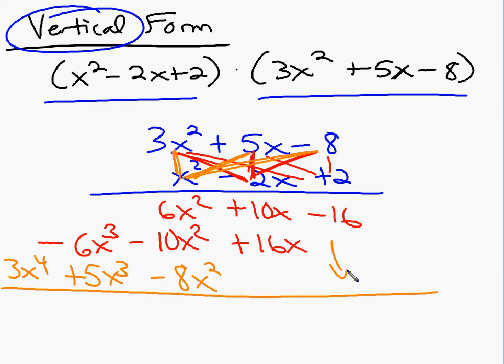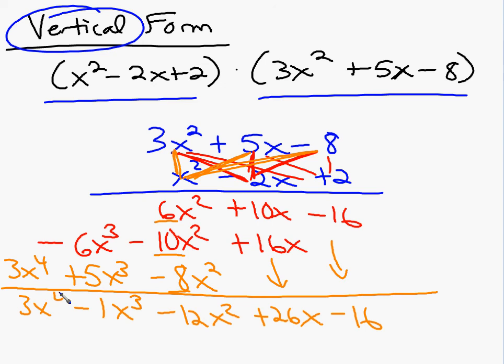This will just come down, negative 16. This will become positive 26x. Here I have 6 and negative 10, which makes negative 4. Negative 4 and negative 8 is negative 12x squared. Here I just have negative 1x cubed, and then bring down your 3x to the 4th. That's what's called vertical form.